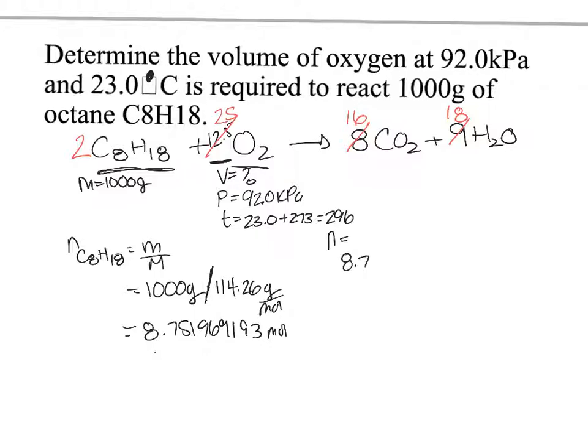Now my next step is going to be to use the mole ratio. So this is 8.75 moles of octane, and we're going to need, this time, moles of oxygen divided by moles of octane. So I'm going to take the number on my calculator and multiply it by 25 and divide it by 2.